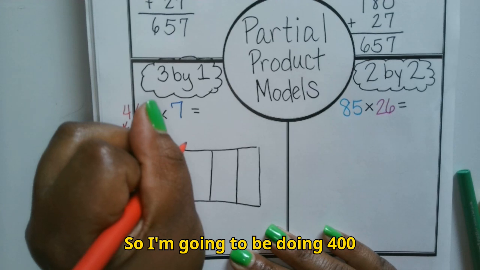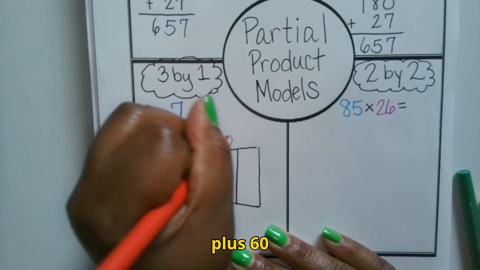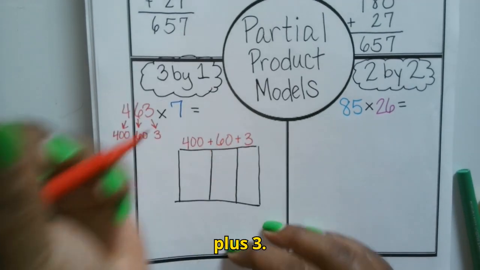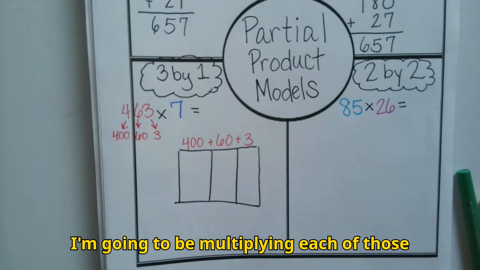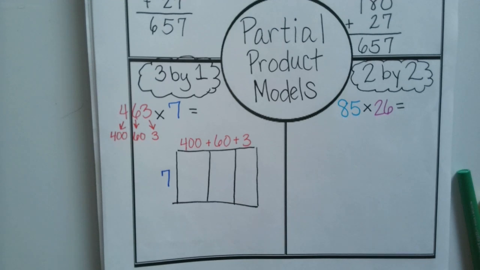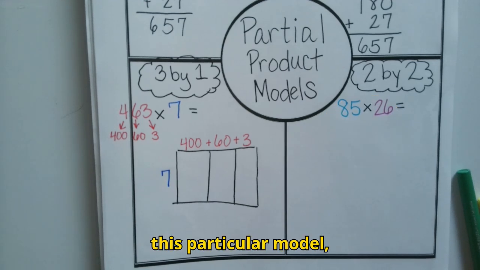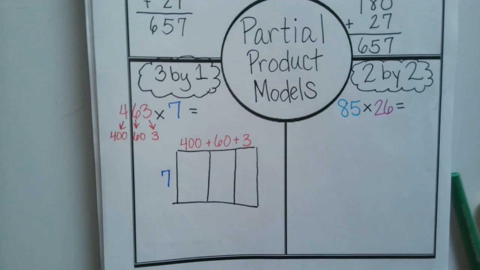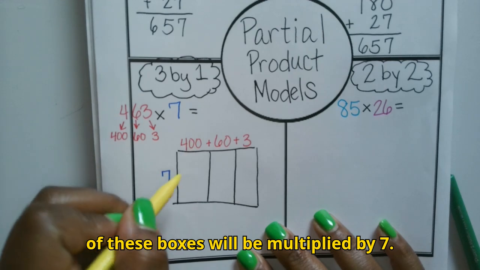So I'm going to be doing 400 plus 60 plus 3. I'm going to be multiplying each of those by 7. So when I think about this particular model, all of these boxes will be multiplied by 7.